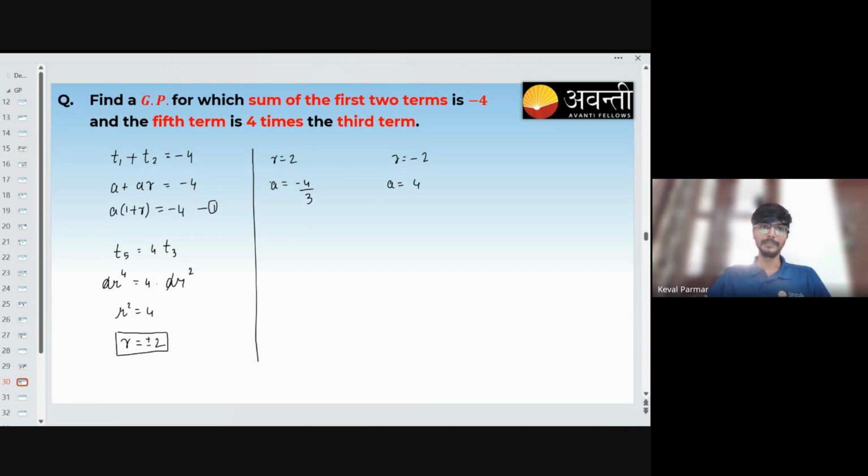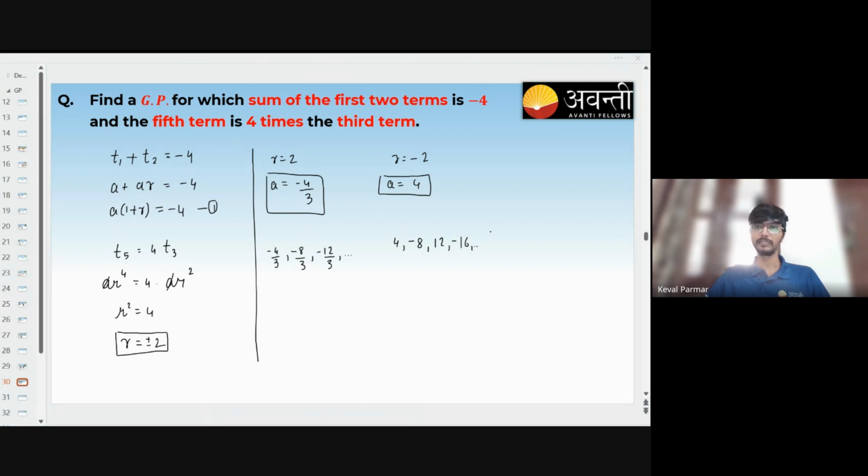So what will my GP? GP क्या होता है? A, AR, AR square and so on. So I'll get minus 4 by 3, minus 8 by 3, minus 12 by 3 and so on. Either this I'll get or 4, minus 8, 12, minus 16 and so on.